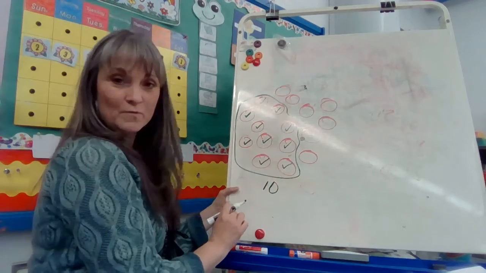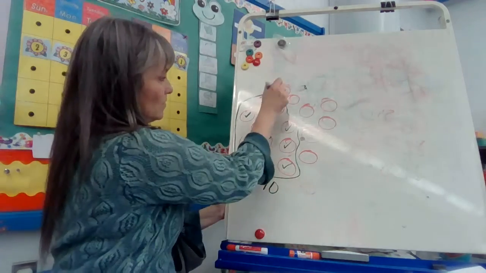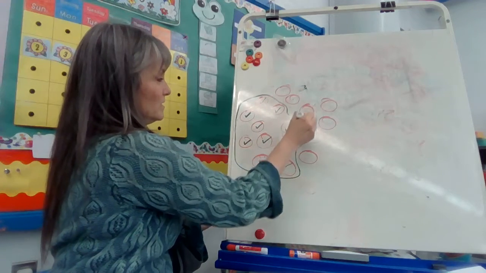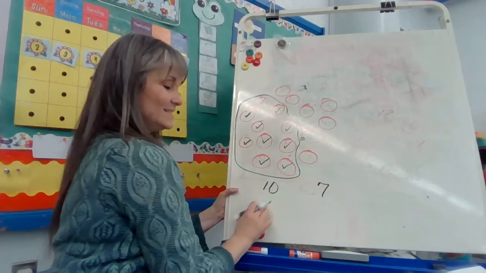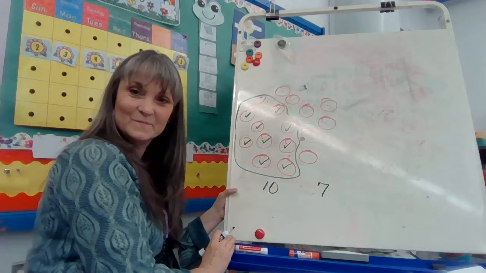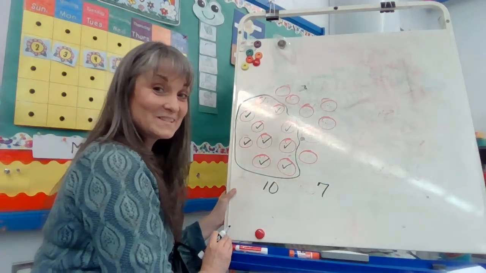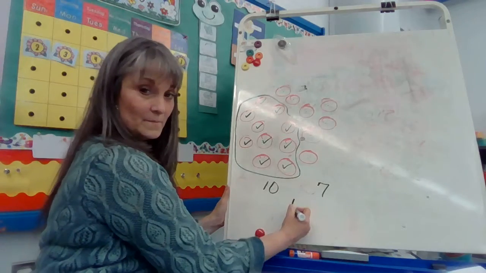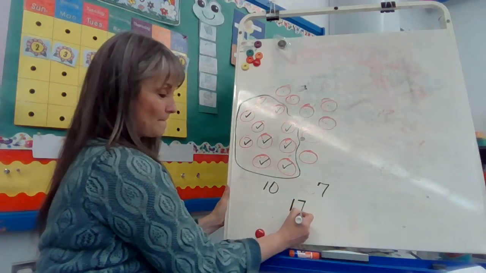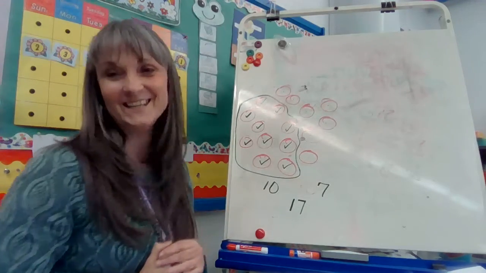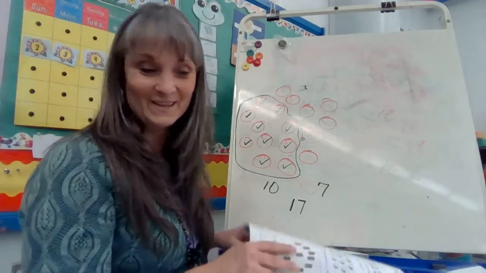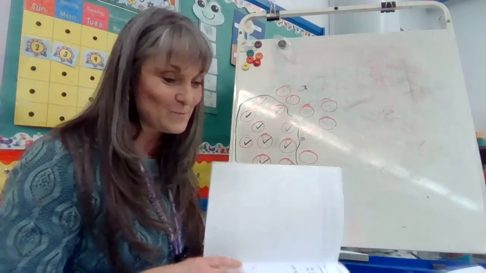And how many are over here? 1, 2, 3, 4, 5, 6, 7. 7. 10 and 7. Do you know what that makes? A group of 10 and 7 more. What's that number? 17. So smart.